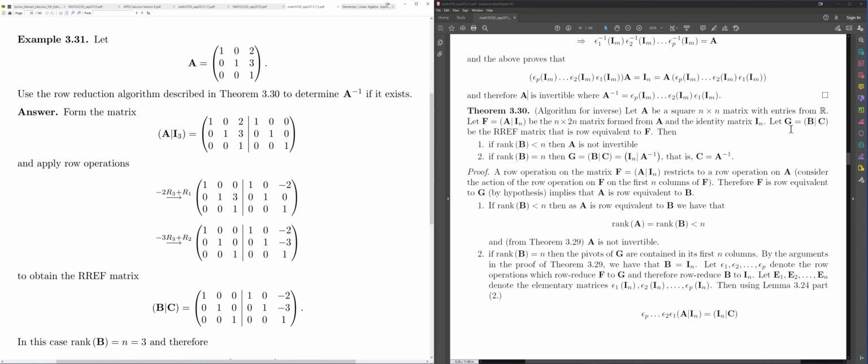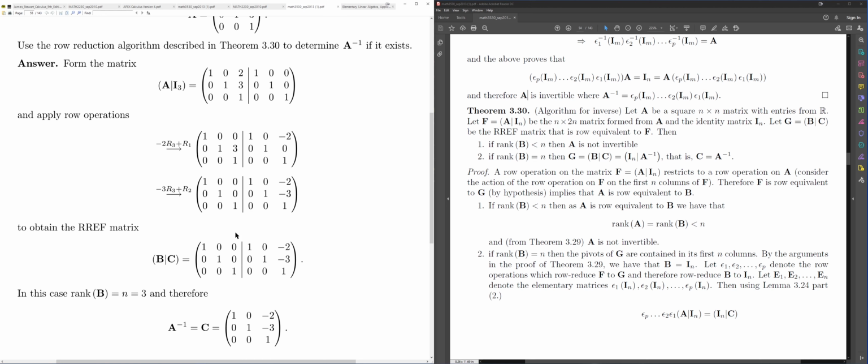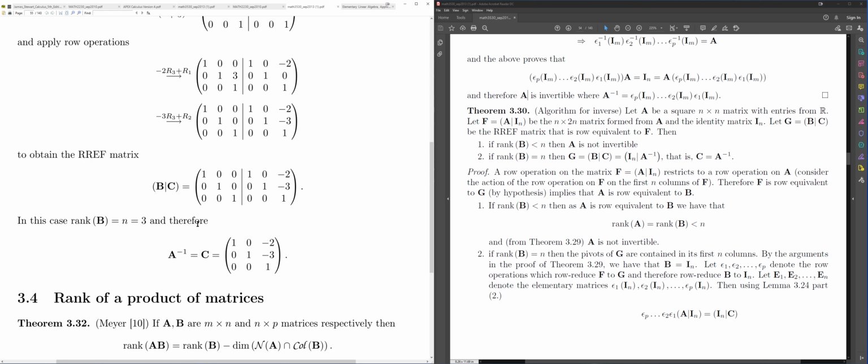This C over here, the right-hand side, is your required inverse of A, provided the left-hand side is the identity. So the A inverse is this right-hand side.